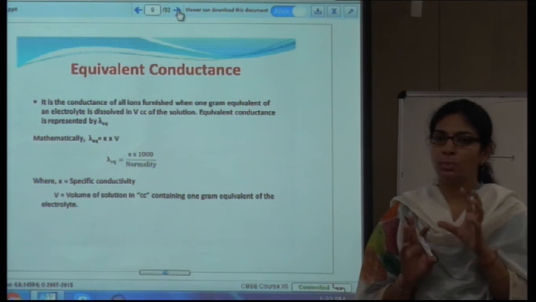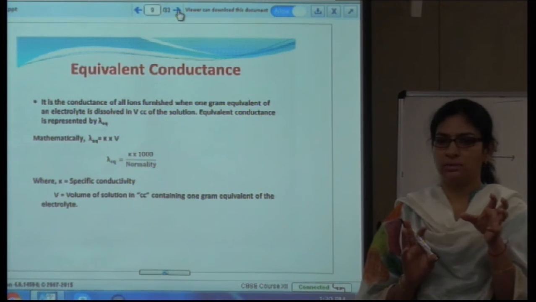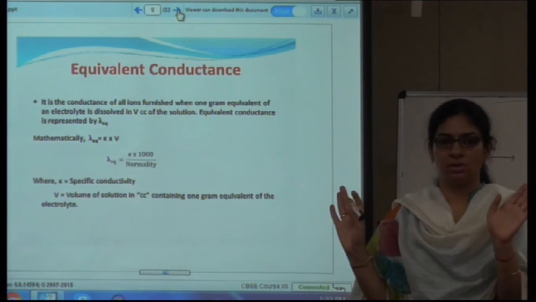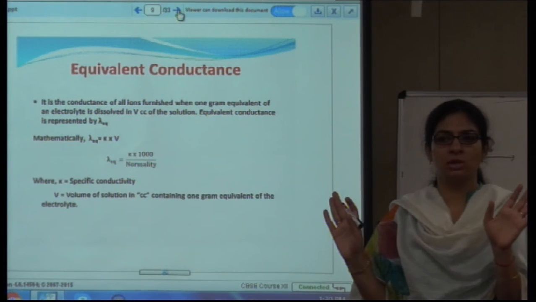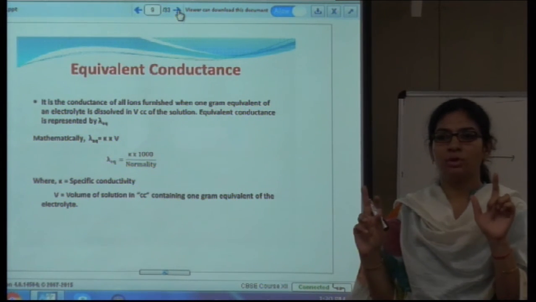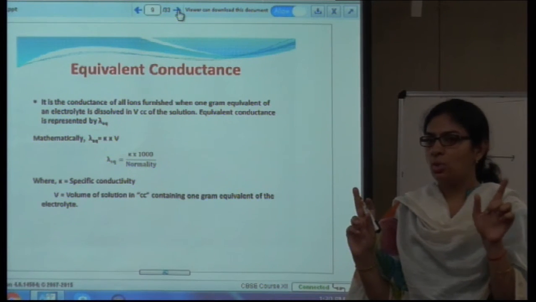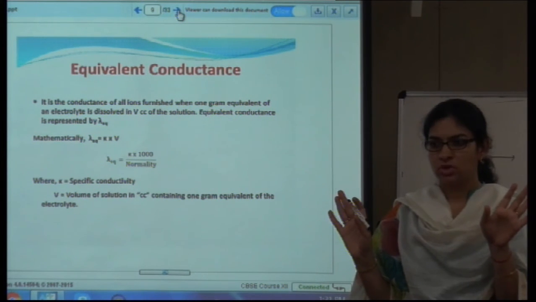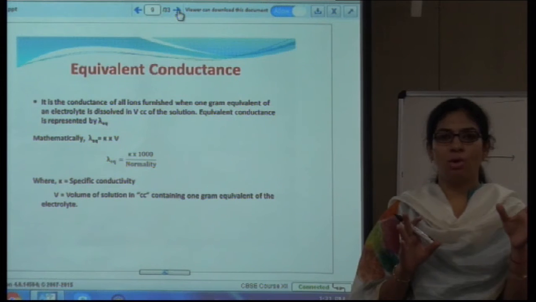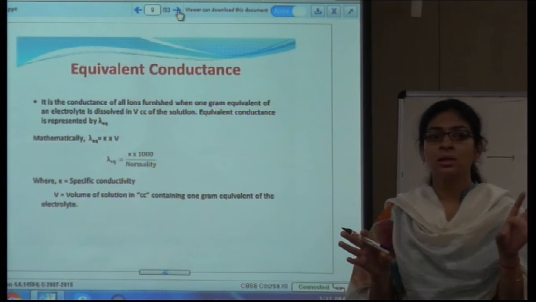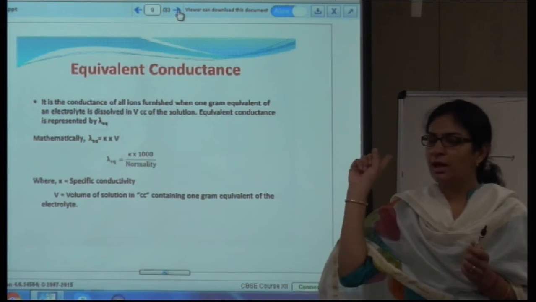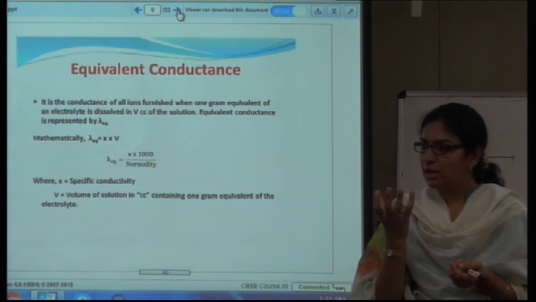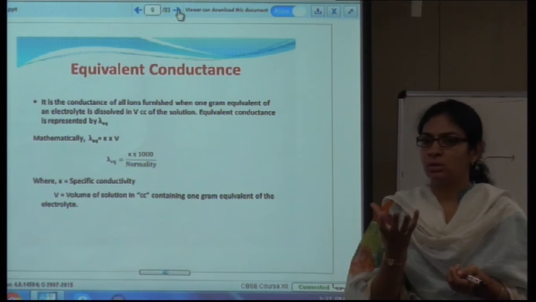Forget about the concentration, you're not worried about the concentration. If 1 centimeter cube of solution is taken, what will you call that quantity? You'll call it specific conductance. Just now we defined that conductance of 1 cc of solution is known as specific conductance. There you do not define the quantity of electrolyte. You are defining the volume of solution, right?